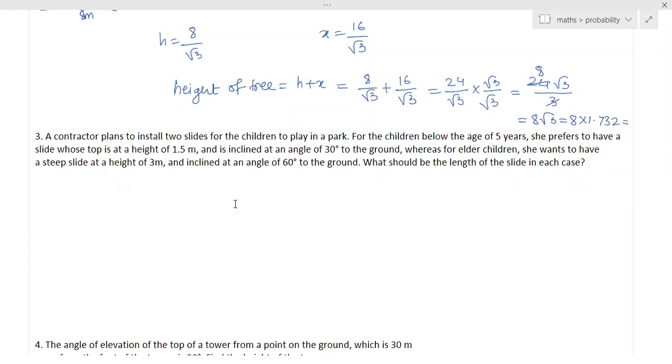A contractor plans to install two slides for the children to play in a park.